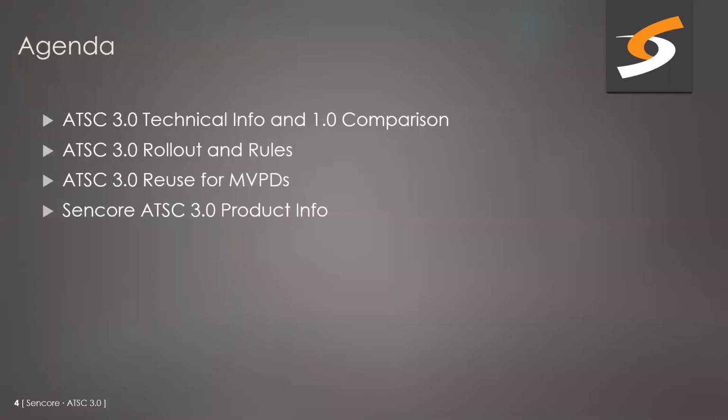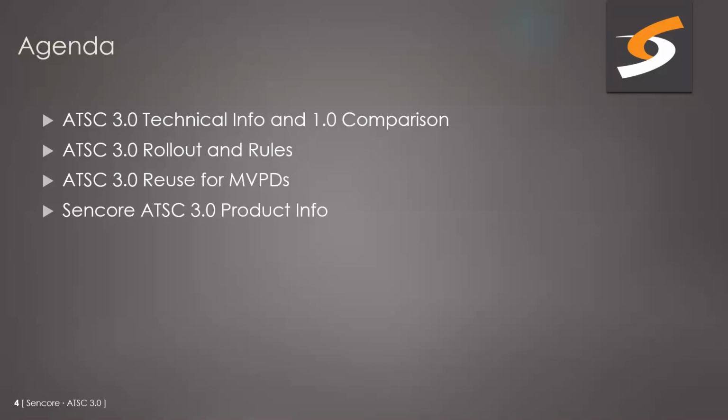So the agenda for today, like I said, we're going to be talking about ATSC 3.0 reuse. We're going to really have 4 sections to this webinar. Just a quick look and review of ATSC 3.0 technical info and a comparison with 1.0. I went in-depth into this back in May. If you want to review that, that recording would be on our website as well. So we're just going to touch on it a little bit, highlight a few things that are pertinent to the conversation today.